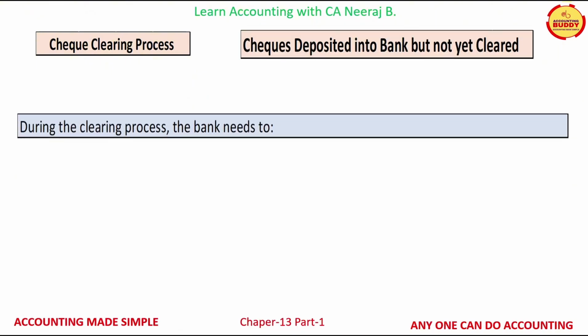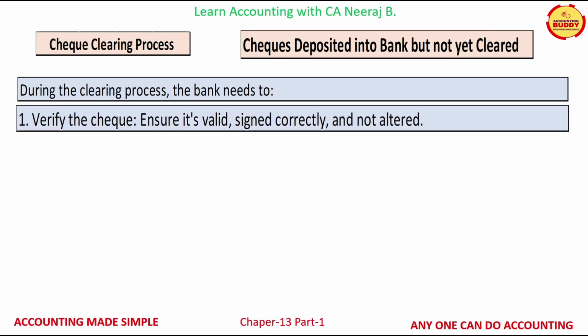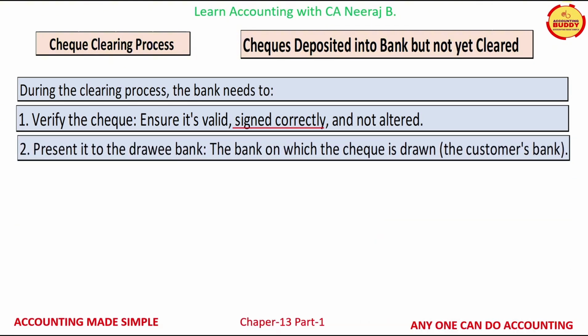During the clearing process, the bank needs to verify the check details to ensure that the check is valid, it is signed correctly and not altered. The bank in which the check is deposited then presents it to the drawee bank, that is the customer bank on which the check is drawn.